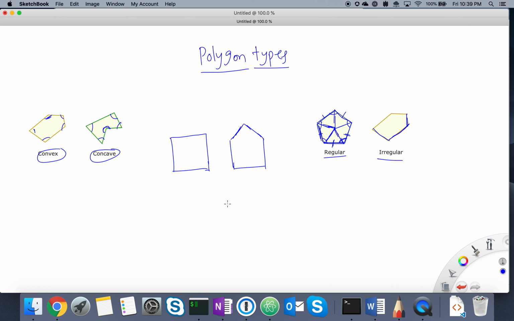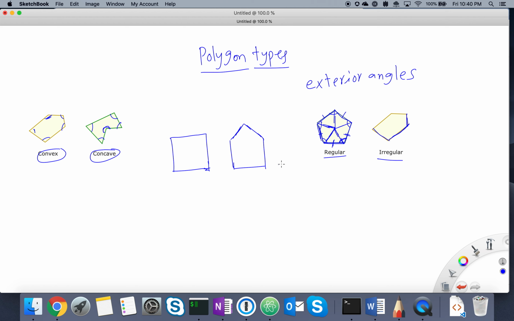It doesn't matter whether it's regular or irregular, but these must be convex. Both of them are convex in this case. The point that I'm going to talk about is exterior angles. We are done with interior angles. Now we are talking about exterior angles. What will be the sum of exterior angles of a convex polygon is essentially the topic.